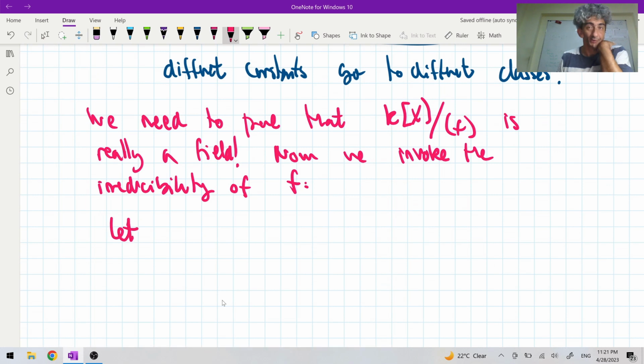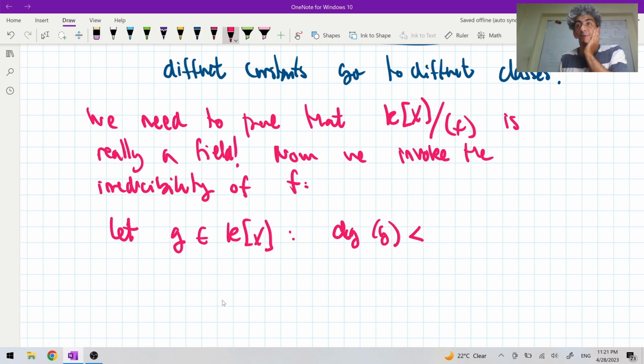Let g belong to K[x] such that the degree of g is strictly less than the degree of f.